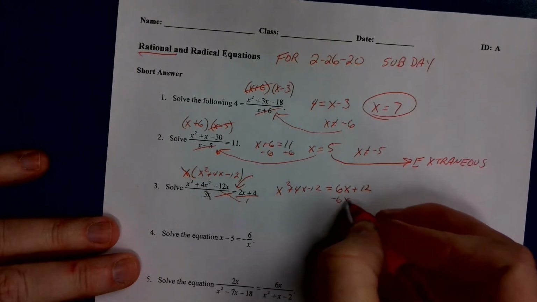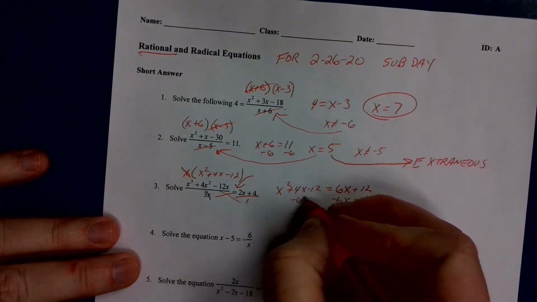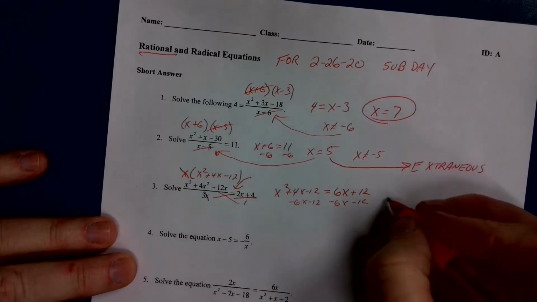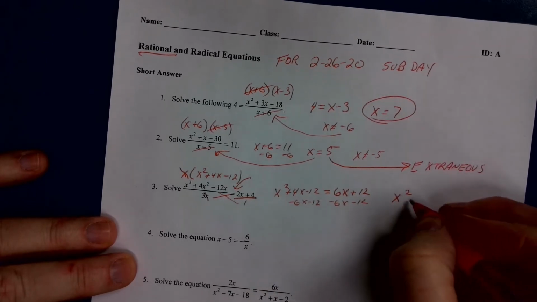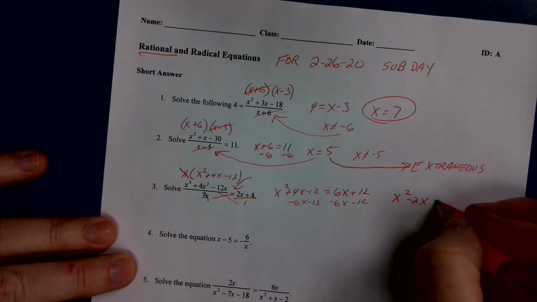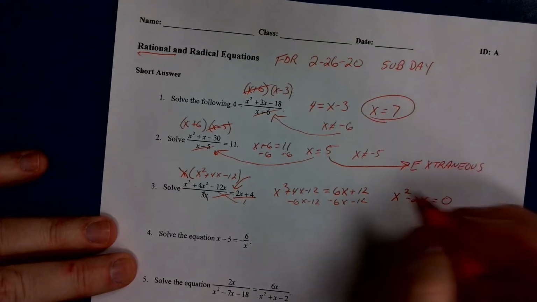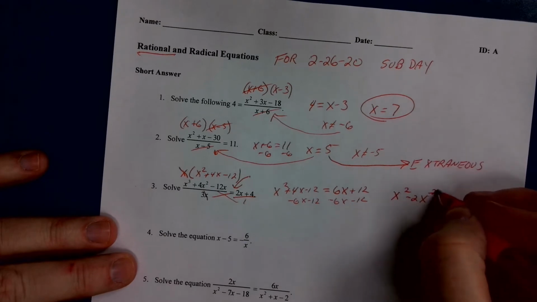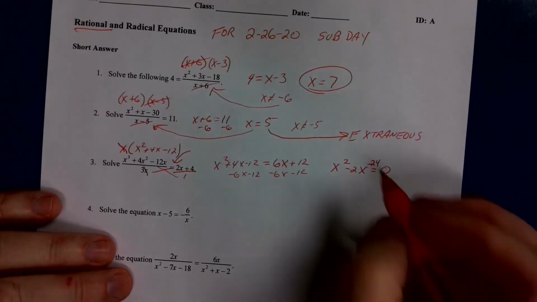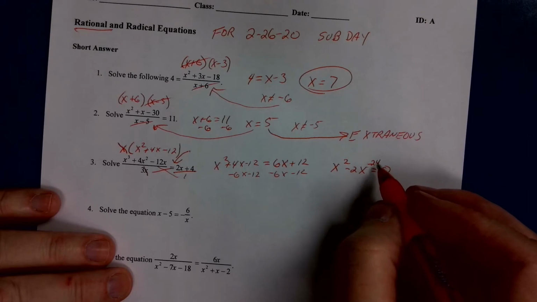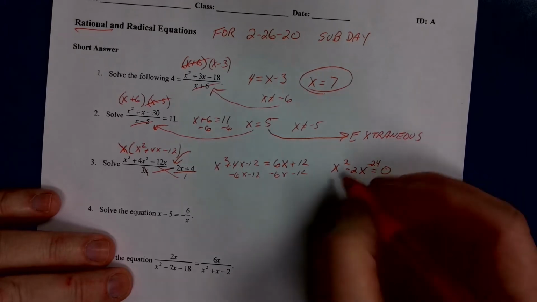So minus 6x and minus 12, minus 6x and minus 12 gives me a new equation of x squared minus 2x equals 0. Because, oh, sorry, minus 24, what was going on with that? I almost lost you. So with this minus 24, factors of 24 that differ by 2 are 4 and 6.